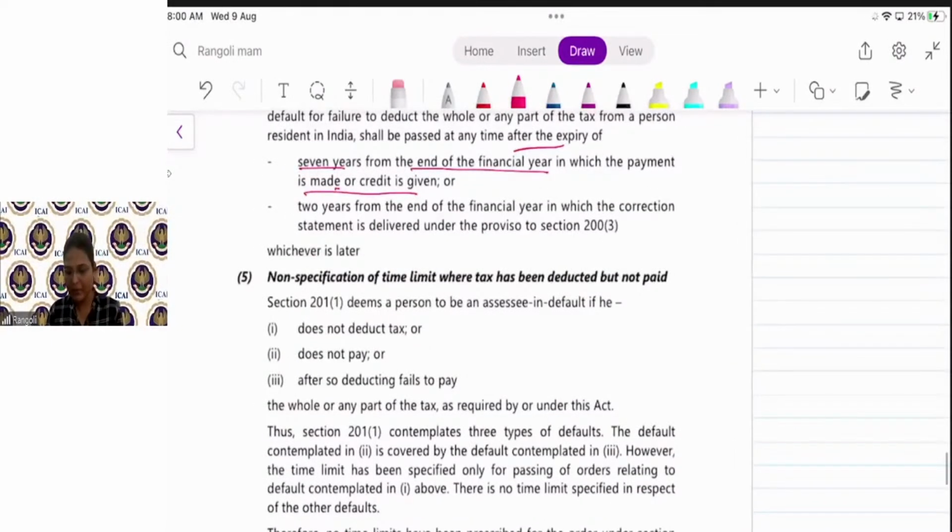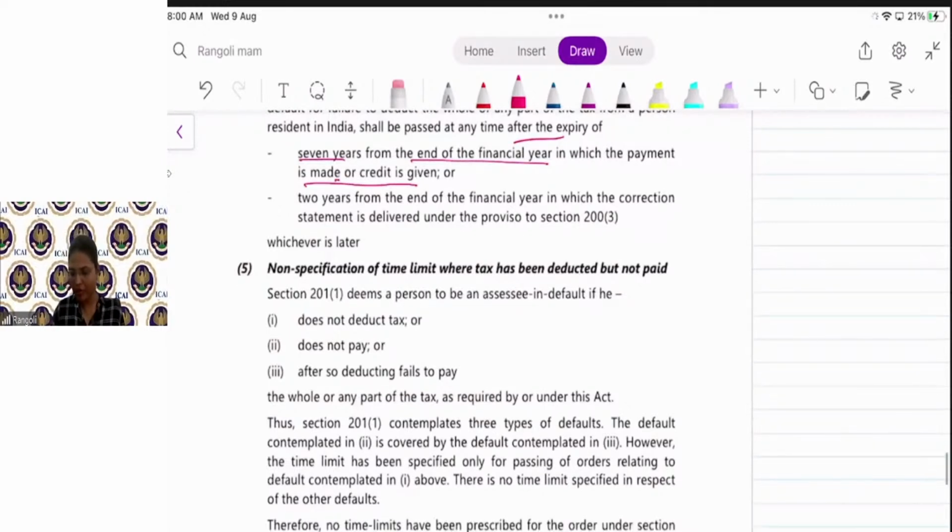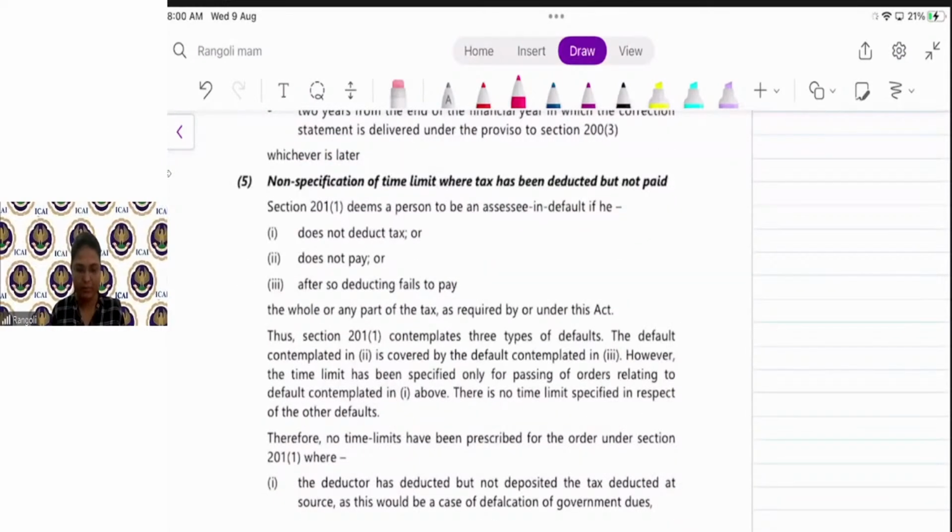Now the time limit for issuing an order for assessee in default is given, but no time limit is given if the assessee, after deducting TDS, has not deposited the same to the government.